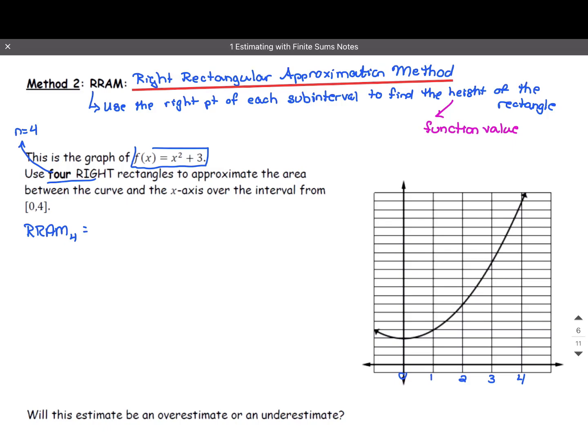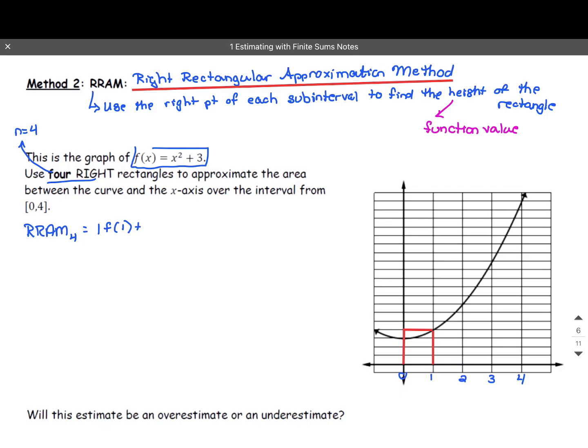So the first rectangle, if we look between 0 and 1, 1 is on the right, so we use that to find the height. Then we go back to the start of the interval and down to 0. So think about what we just did. The base is 1, and we use the right endpoint 1 to find the height.